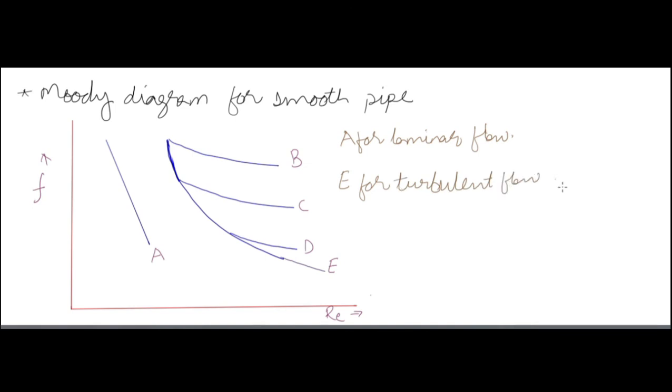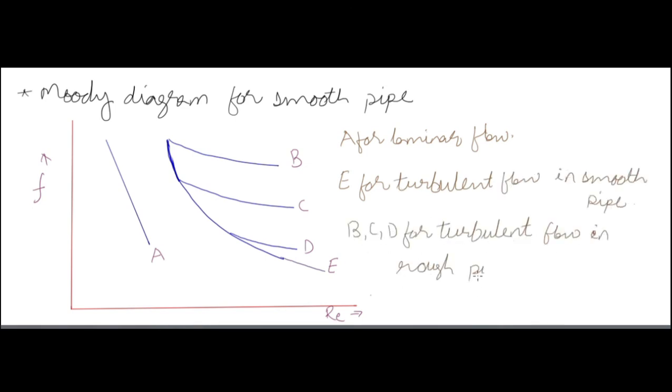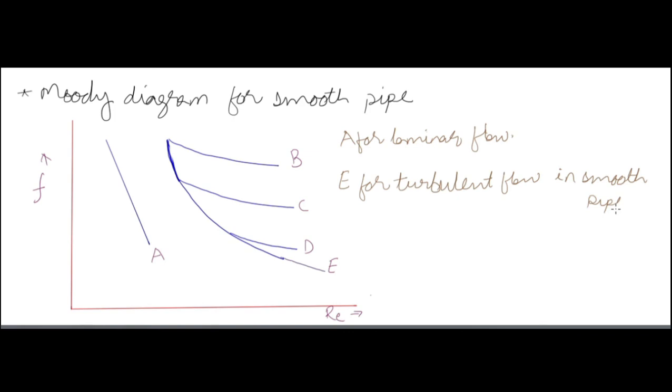So this is the diagram of friction factor with respect to Reynolds number. These are the curves that we obtain when we plot the graph of friction factor versus Reynolds number in a smooth pipe.